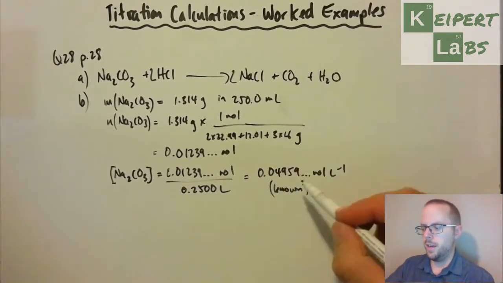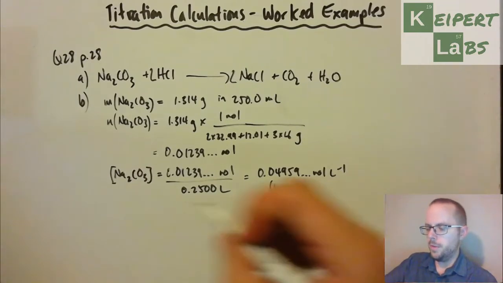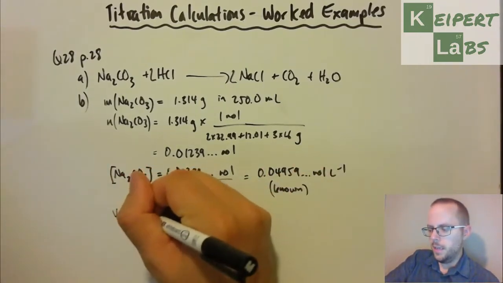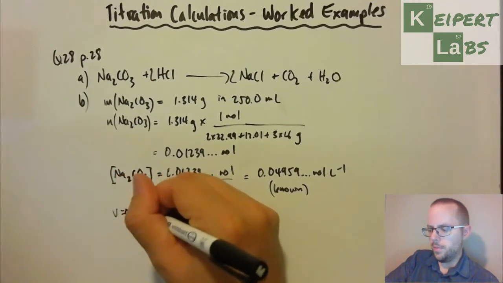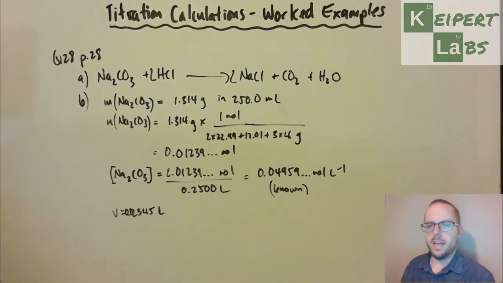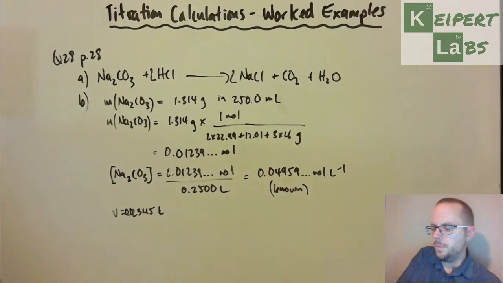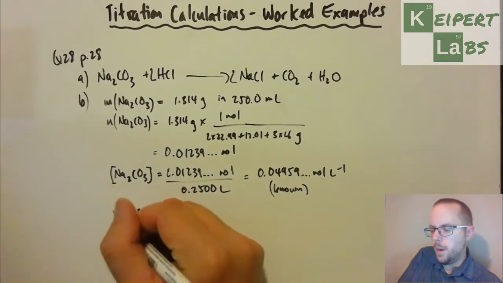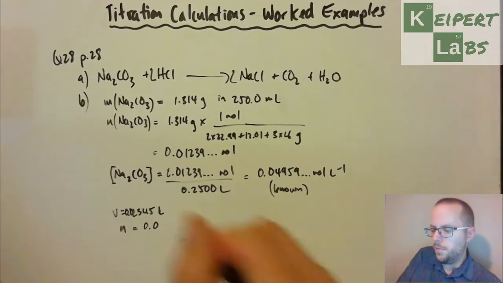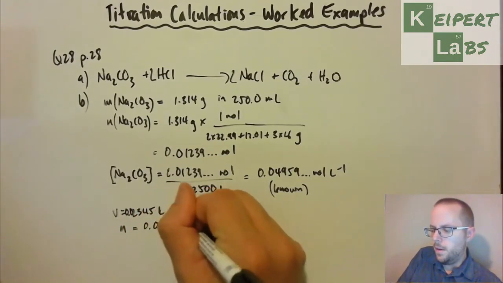So we start with our known. We've got a concentration of our known. We're told that the volume of our known that's involved in the titration is 0.02345 litres, because that's the volume of that substance that was involved in the reaction. So our moles is equal to our concentration, 0.04959.